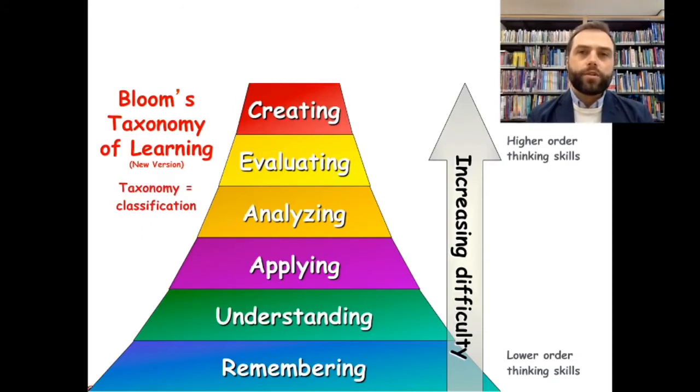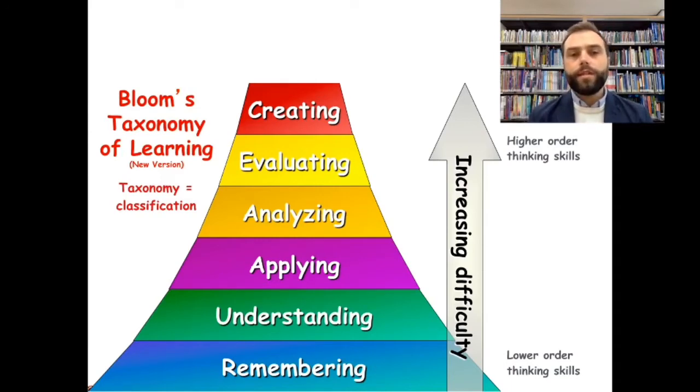Now, what does taxonomy mean? Taxonomy means classification. So this is a classification of various different levels of thinking. Different levels of mental processes, different levels of cognitive abilities. As I mentioned, they're usually presented in a triangle or pyramid shape.